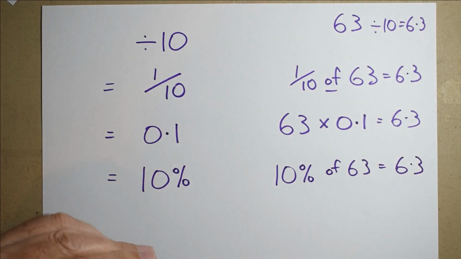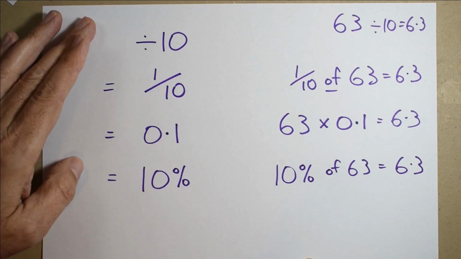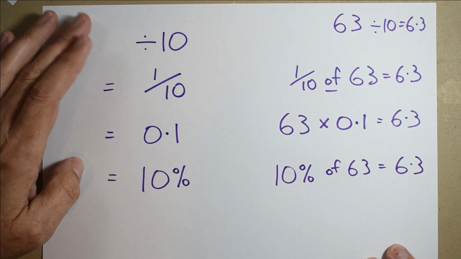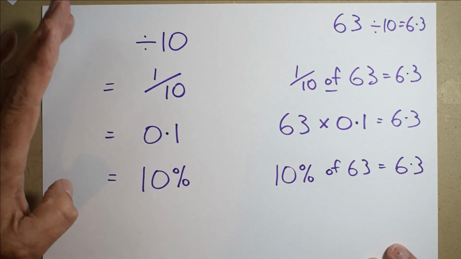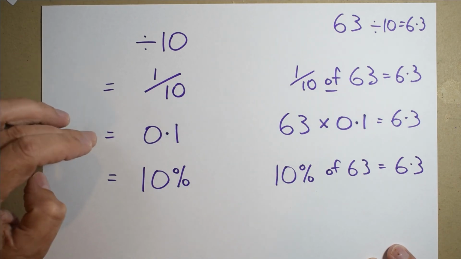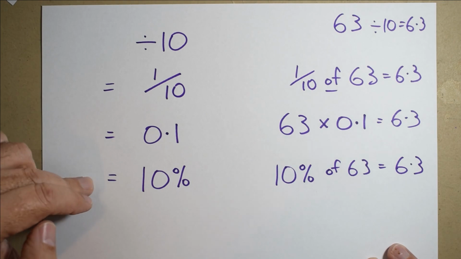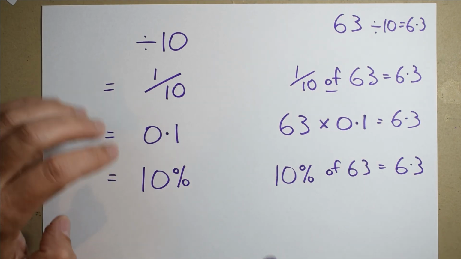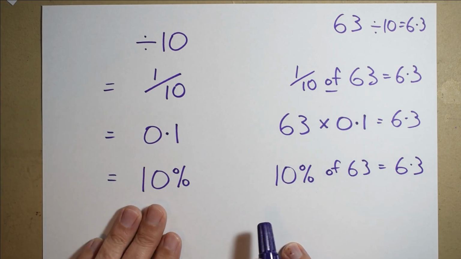So that's just another way that we can think about it. All of the divided bys have these ways to express them as well. So you can have divided by 3 would be the same as 1/3, is the same as 0.33, and the same as 33% recurring.